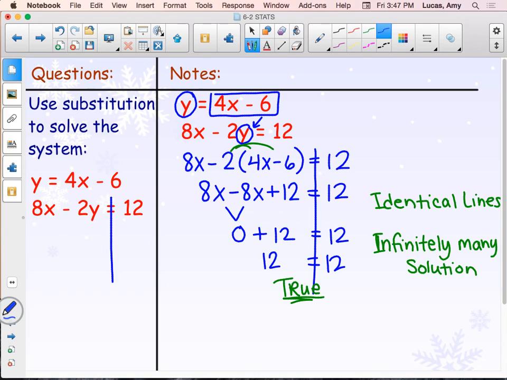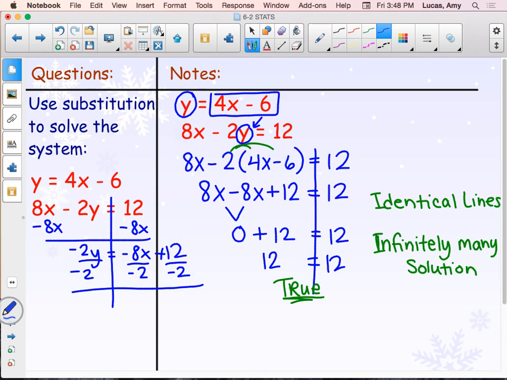So I could actually solve the bottom one because the top one is already in slope-intercept form. So I can prove to you that these are identical. So I subtracted 8x on both sides, and now I'm dividing everything by negative 2. That gives me 4x minus 6. So they are the exact same.